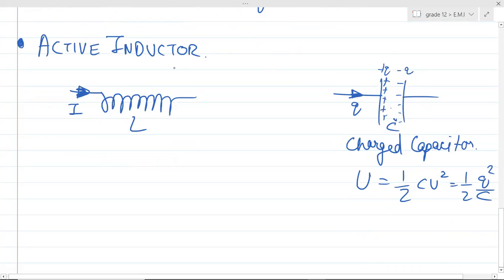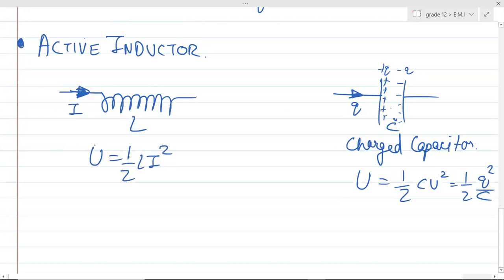The same thing is analogous here. Active inductor is basically analogous to a charged capacitor. When you flow a current I through this inductor, let's say initially there was no current flowing through this inductor, and at steady state a current I flows through it, then I can say the energy stored in it is half Li square.